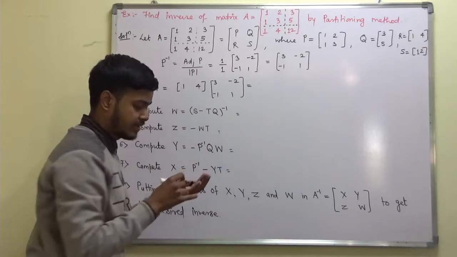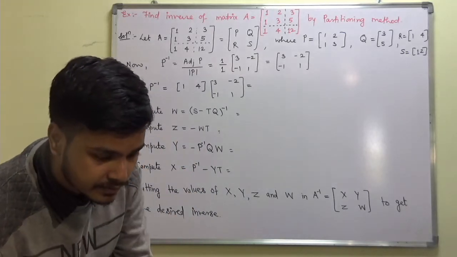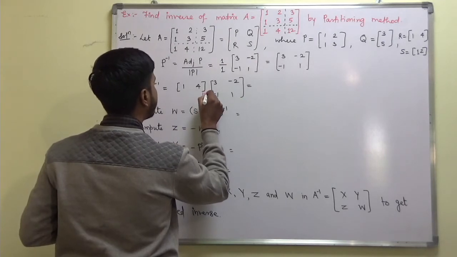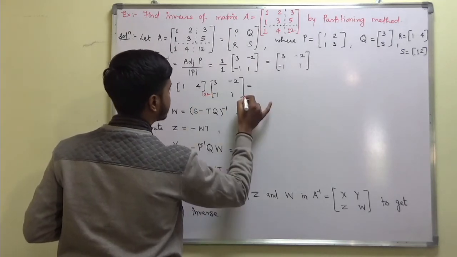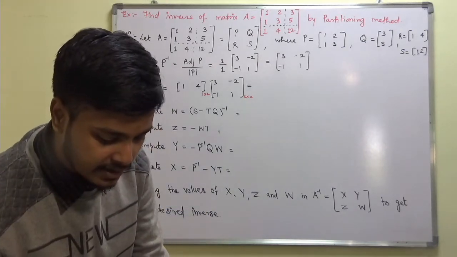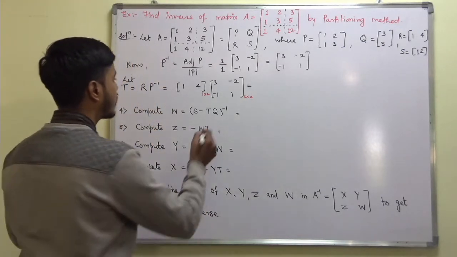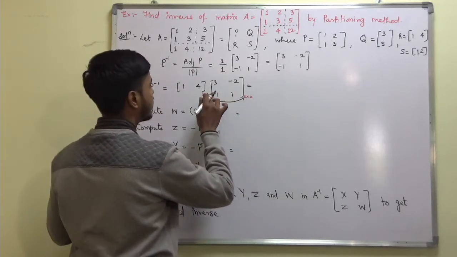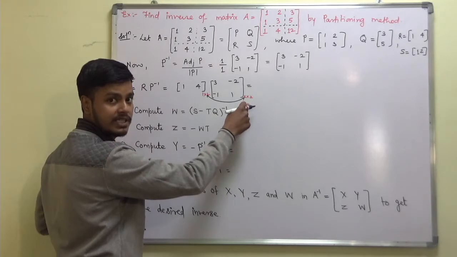See here. This is 1 by 2. Its order is 1 by 2. Its order is 2 by 2. So as you can see, this should match the columns of the first and the rows of the second.